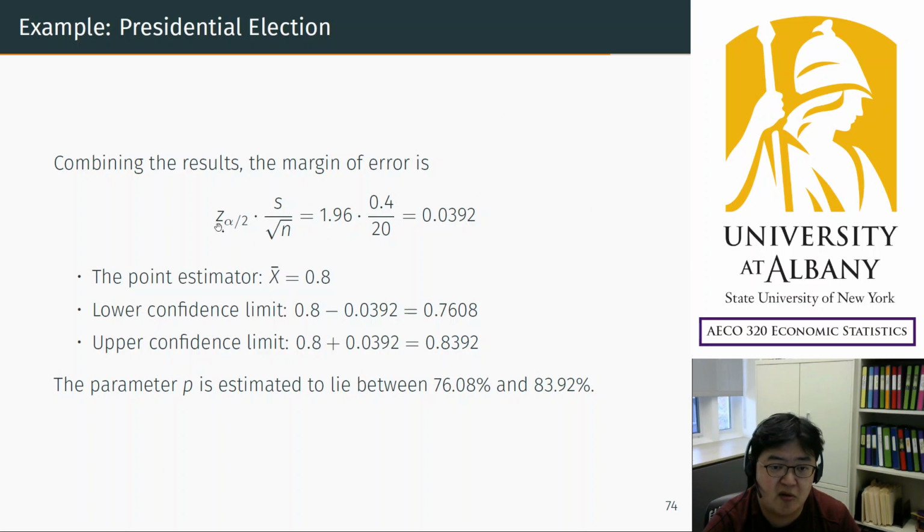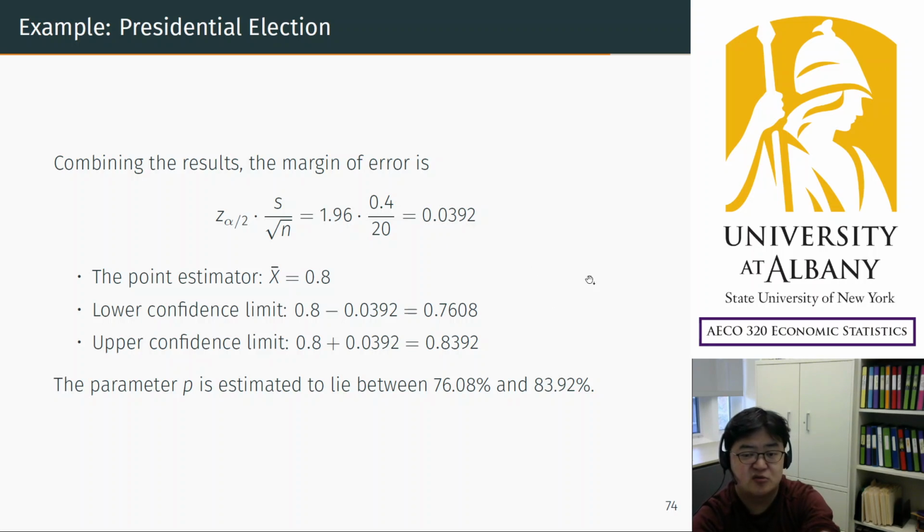So the margin of error can be calculated with 1.96 times the standard deviation 0.4 over the square root of 400. As a result, 0.0392. Add and subtract this margin of error around the point estimator, the sample average. Sample average plus minus this.